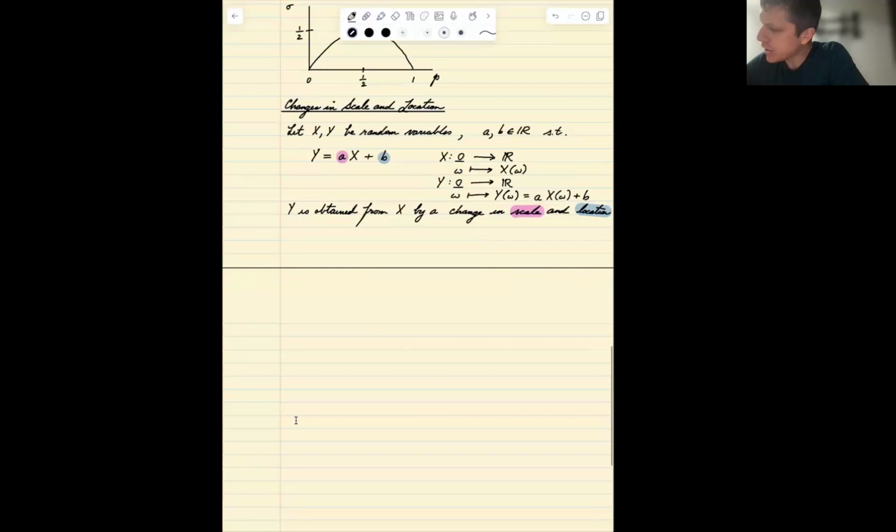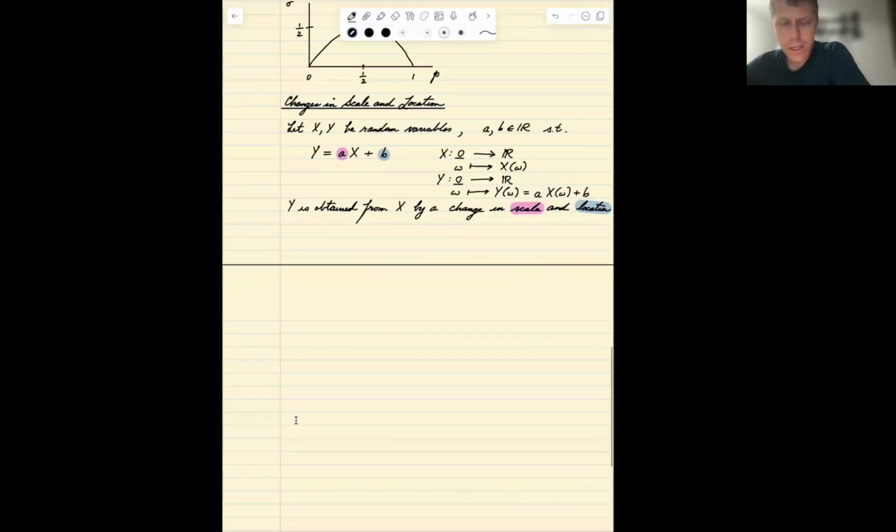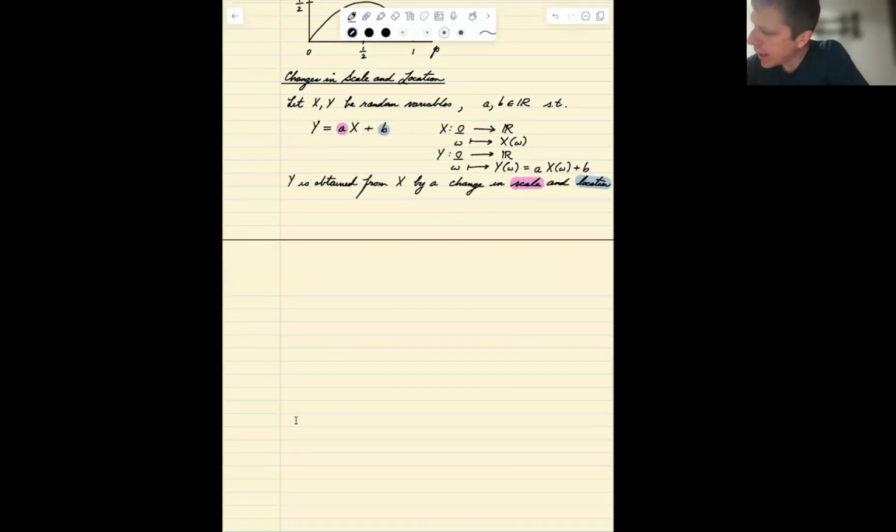So when we change scale and location, first thing is, how are our expectation and variance affected by a change in scale and location?